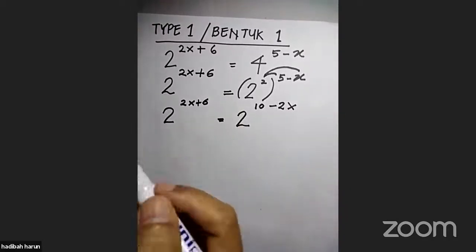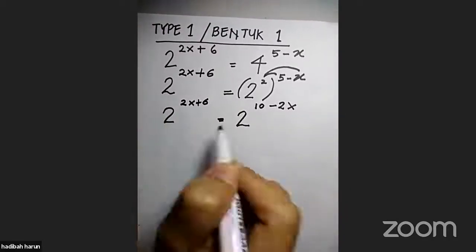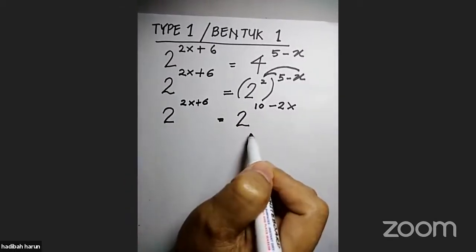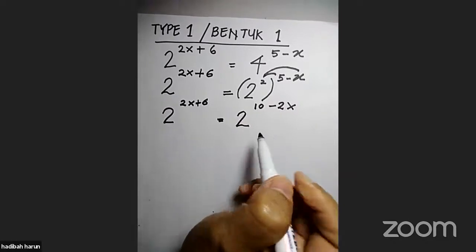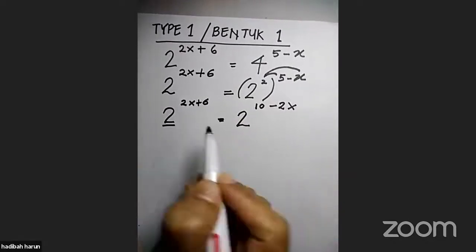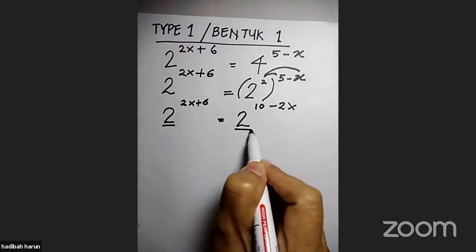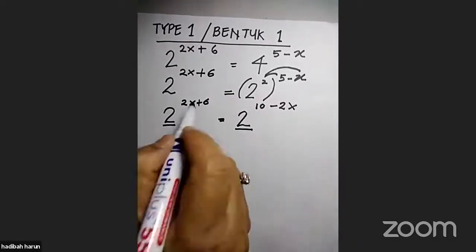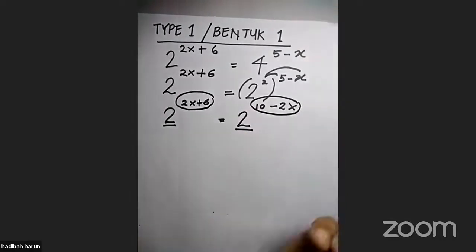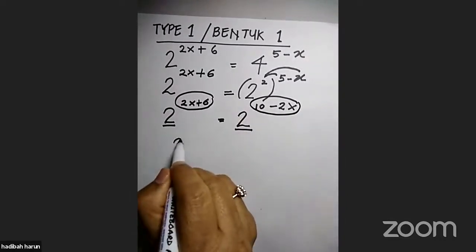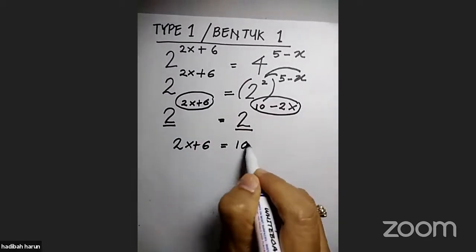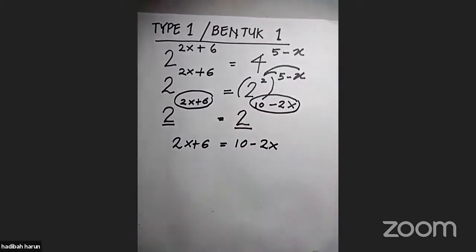Normally students are going to cancel this 2 and 2 since they have the same base, which is very, very wrong. Instead, once you have the base on your left and right the same, you need to equate the indices. So what you get next will be 2x plus 6 equals 10 minus 2x.